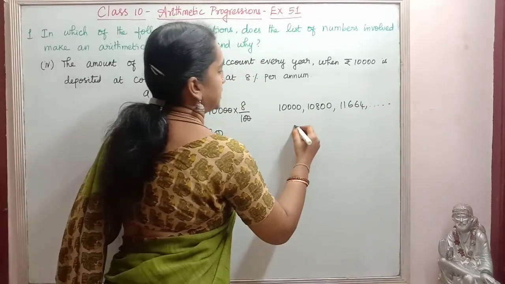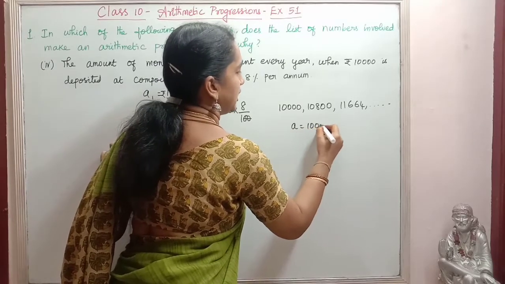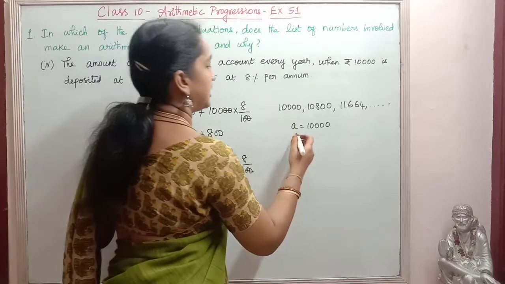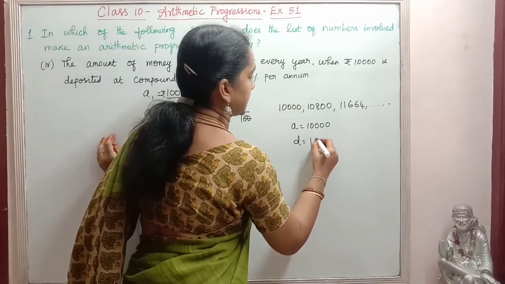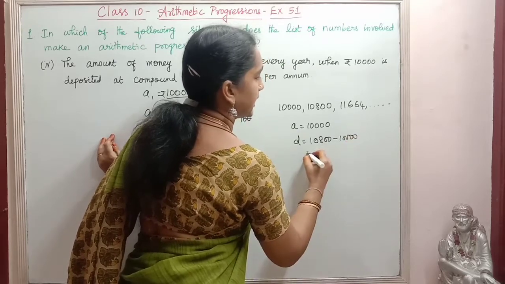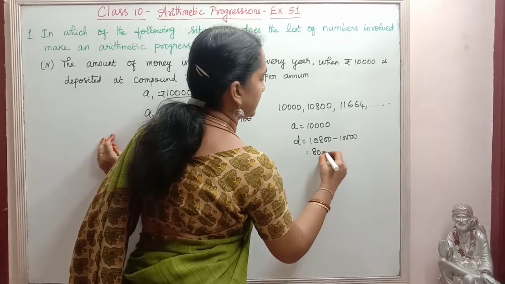Okay, so first A is 10,000. We need to check whether the differences are the same. It is very clear that the difference is not the same. This is 10,800 minus 10,000, so we'll get the difference as 800.